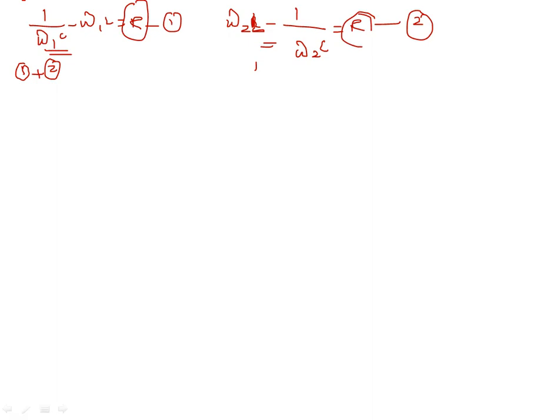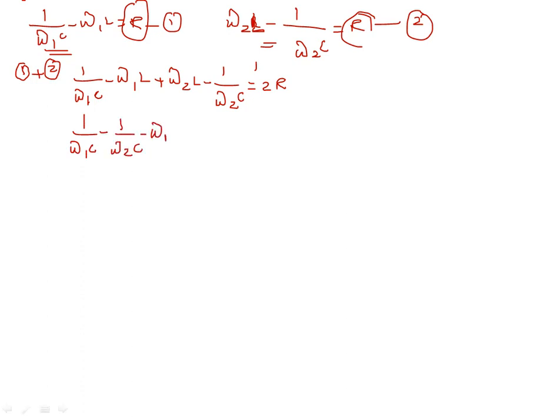So on the left side we have 1 by omega 1 C minus omega 1 L plus omega 2 L minus 1 by omega 2 C is equal to R plus R, which is equal to 2R. Now we can couple the capacitance terms, 1 by omega 1 C minus 1 by omega 2 C. Similarly, minus omega 1 L plus omega 2 L should be equal to 2R, correct?